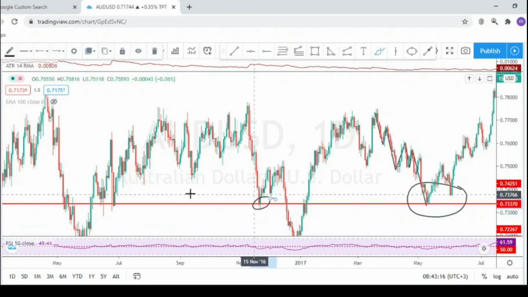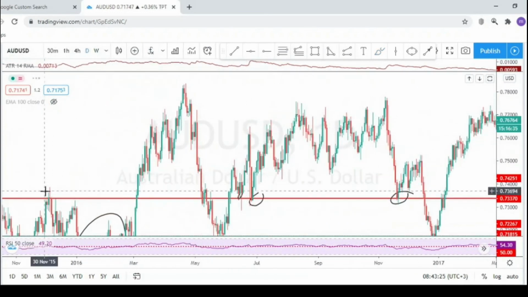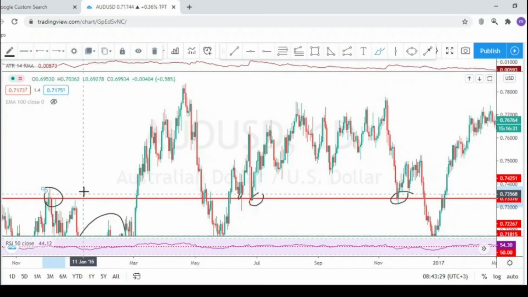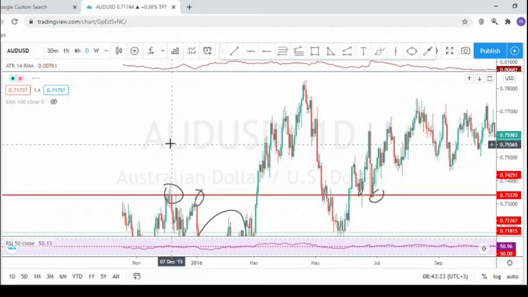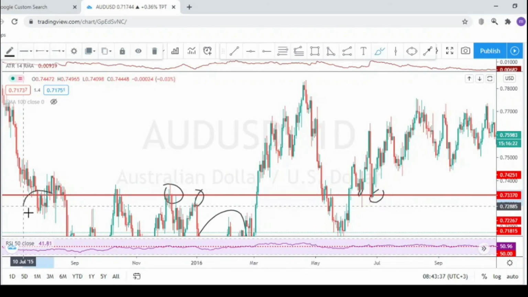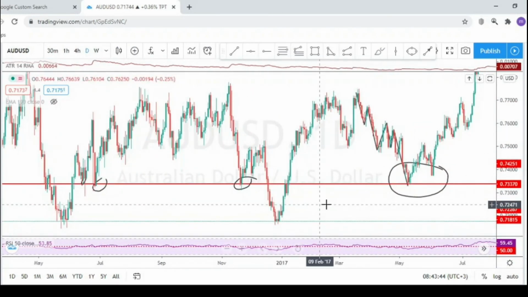Tested here as support here. We have resistance here, and if you go further to the left, you'd see here is support here. So we see this level of structure that has been tested multiple times.